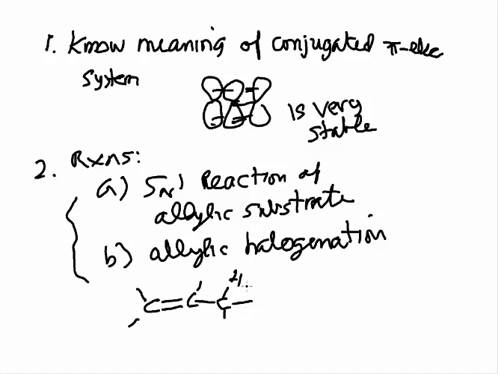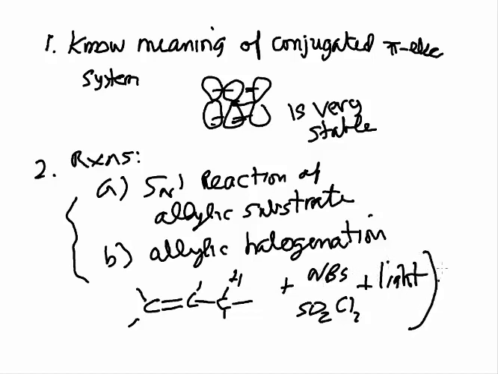If you have your alkene and an allylic halogenating reagent, that is, if you've got this and you've got either NBS or sulfuryl chloride, SO2Cl2, plus light, seeing that allylic halogenating reagent and different conditions is a signal that it's not addition, right? Not addition. And then, carry out the appropriate correct reaction for it.